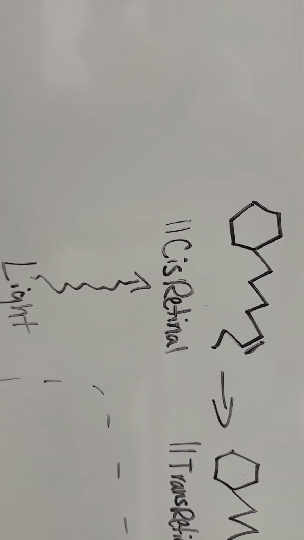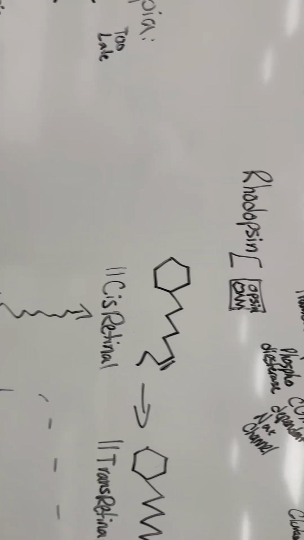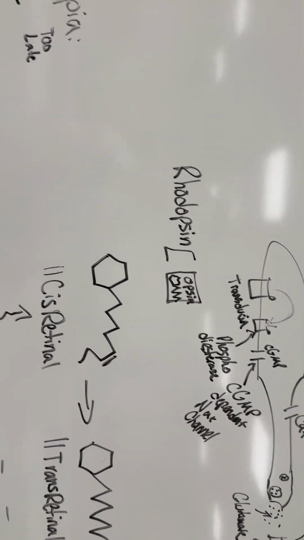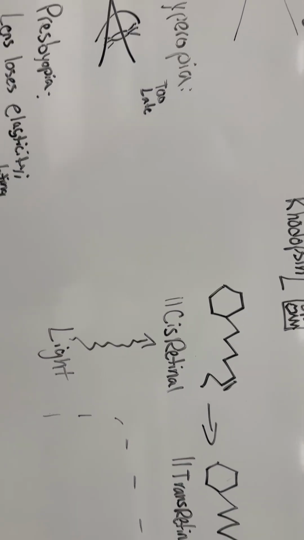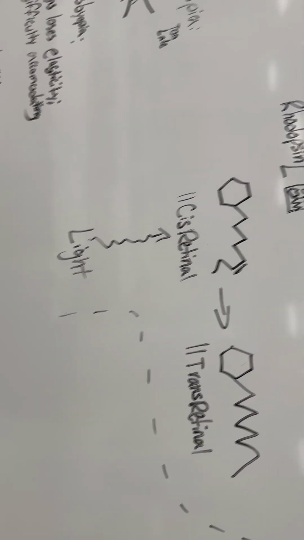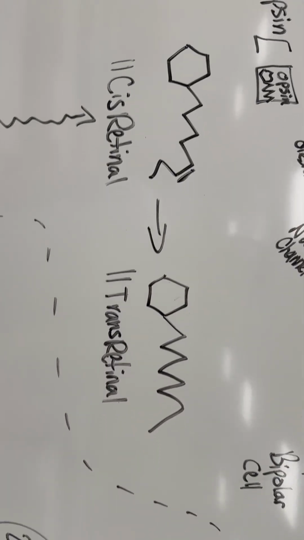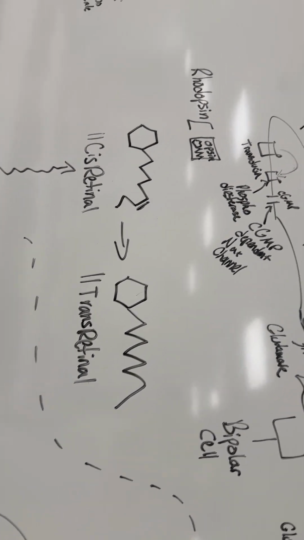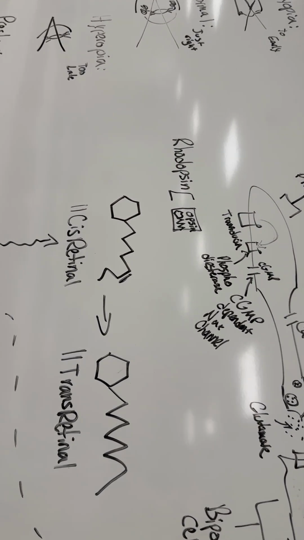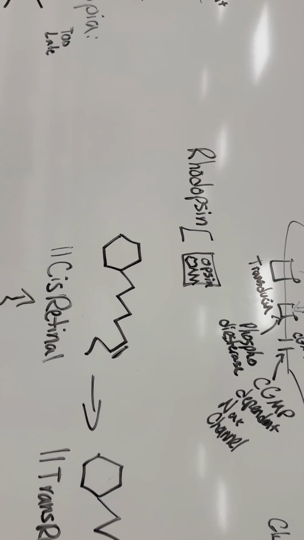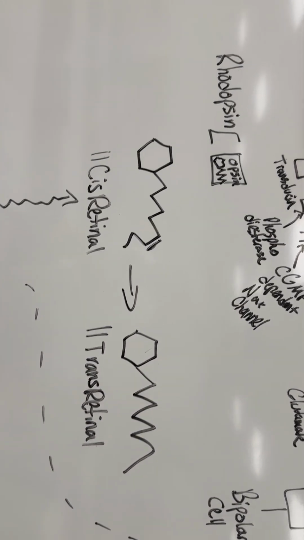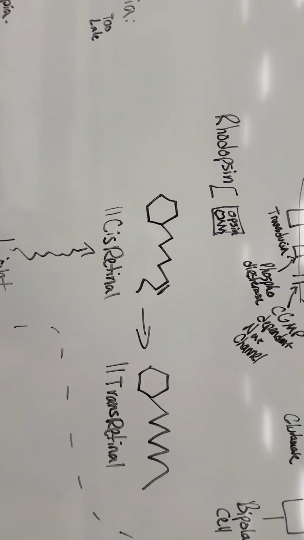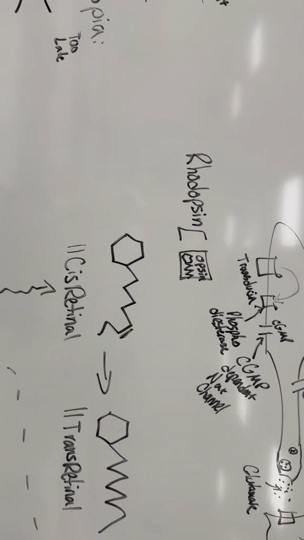light. Within rhodopsin, there's a structure called 11-cis retinol. When we add a photon to 11-cis retinol, it becomes 11-trans retinol, which is going to cause a conformational shift where this changed form of retinol is going to dissociate from rhodopsin or transducin.